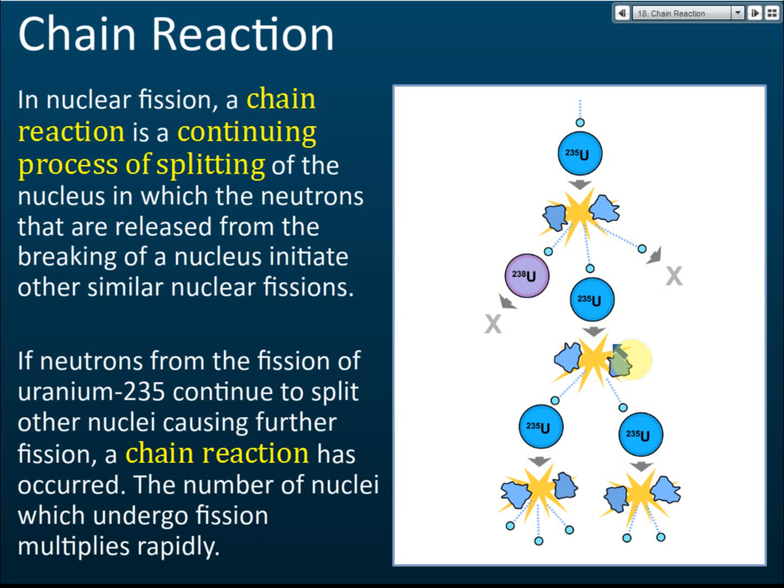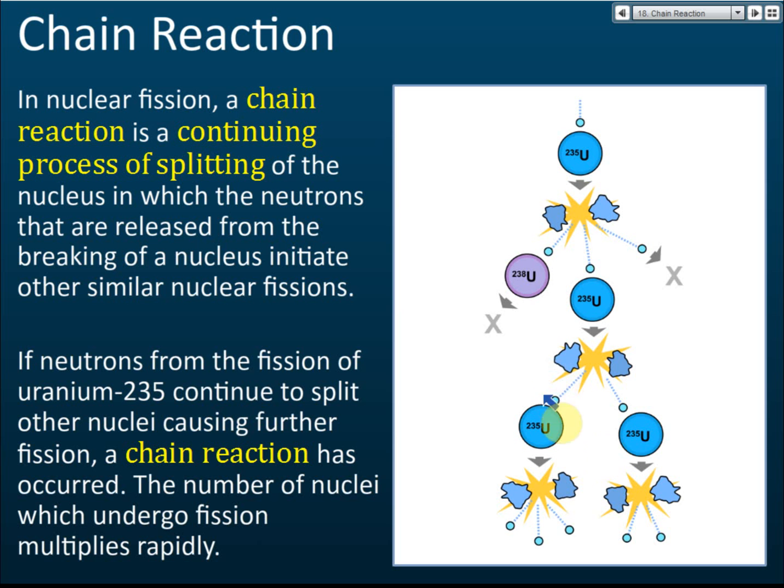It's broken into two new atoms, and at the same time neutrons are released, and these neutrons hit another uranium. Then it's broken again, releases neutrons, and hits another new uranium. This happens again and again.